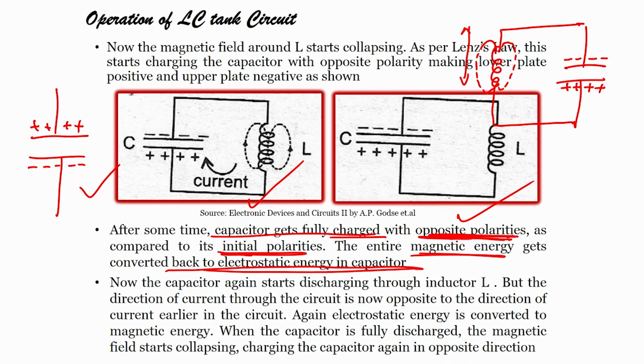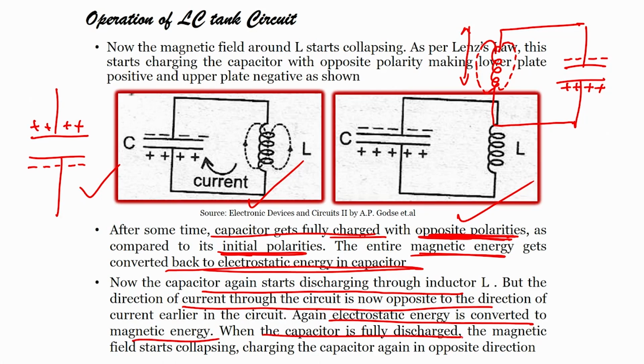Now, what will happen? Now, the capacitor again starts discharging through the inductor. See, so beautiful. First the capacitor charges, then it discharges, the inductor charges, the inductor discharges, the capacitor charges, then the capacitor discharges, again the inductor charges. This goes on continuously, right. But the direction of the current through the circuit is now opposite, and again the electrostatic charge is converted to magnetic charge.